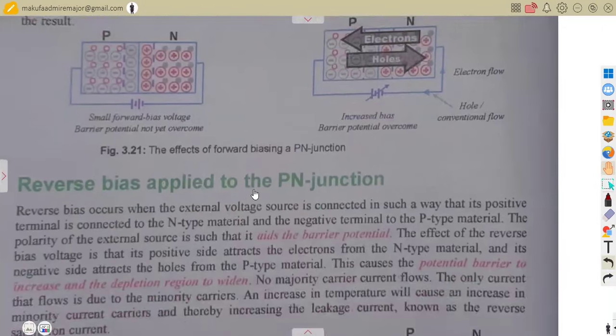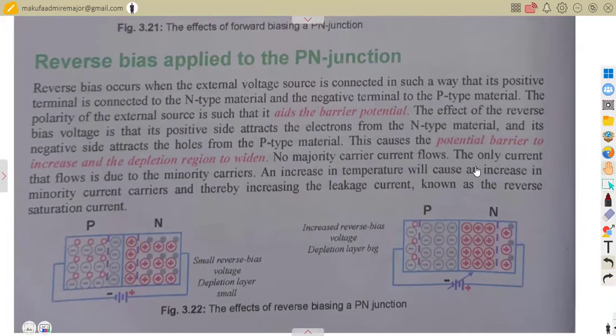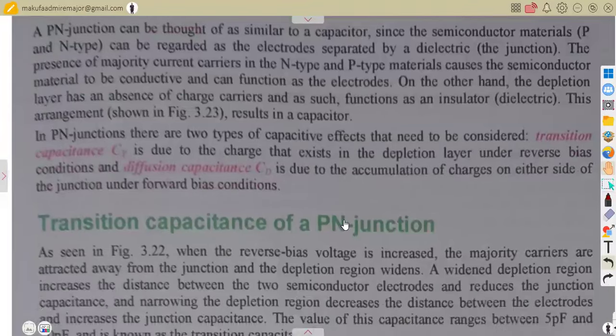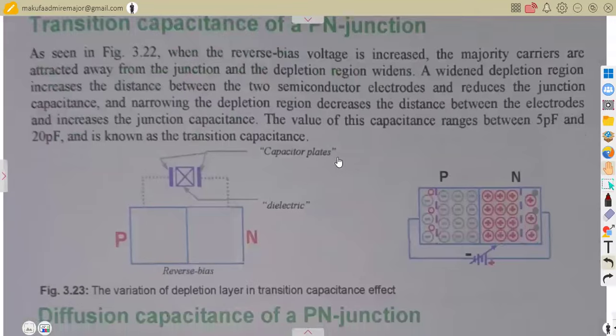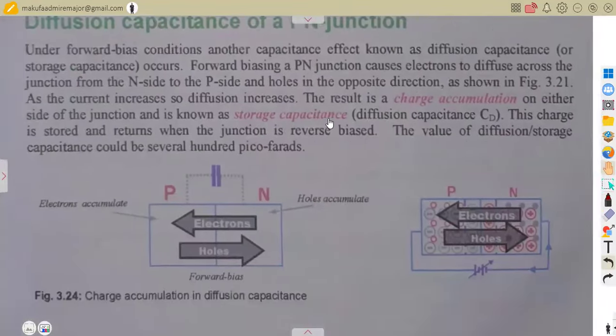Then for a reverse bias, we are going to have the connection opposite, the negative connected to the positive side and the positive connected to the negative. So it can be forward or reverse, which is best described with the types of diodes that we are going to have later on.